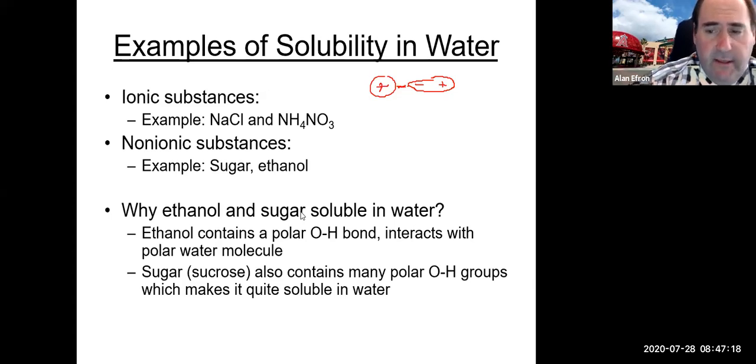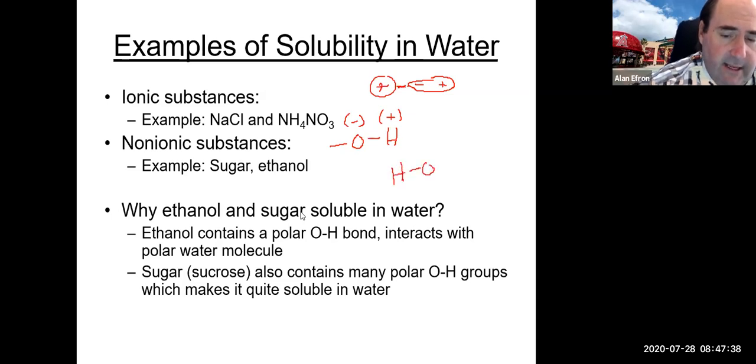Now, there are things that we know do dissolve in water that are non-ionic, things like sugar and ethanol. And as I just mentioned a second ago, what they both have in common is they both contain an OH group. And an OH group is a polar group. Because they contain these, it allows them to interact with water, which does pretty much the identical deal through hydrogen bonding.